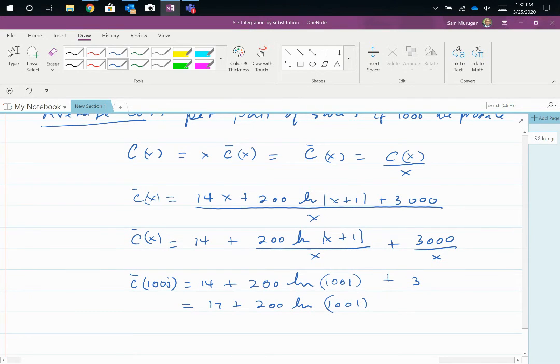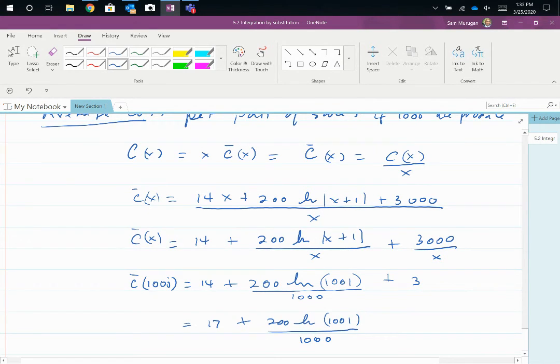Then I went to my calculator. Oh, I forgot the 1,000 on the denominator. My bad. 1,000 on the denominator. So this is 14, sorry, it's 17 plus 200 ln 1001 divided by 1000.